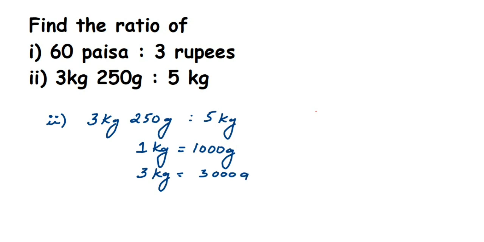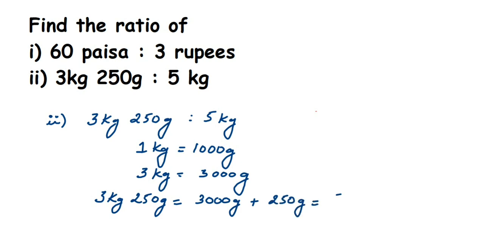When you're converting a higher unit to a smaller unit, you have to multiply. So 3 kg 250 grams will be 3000 grams plus 250 grams, which is equal to 3250 grams.